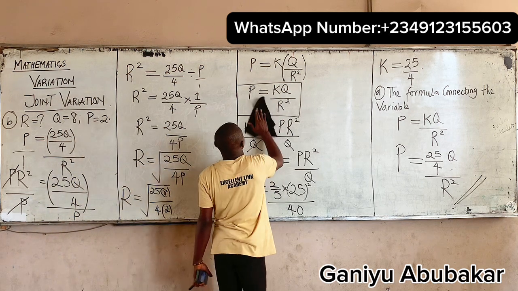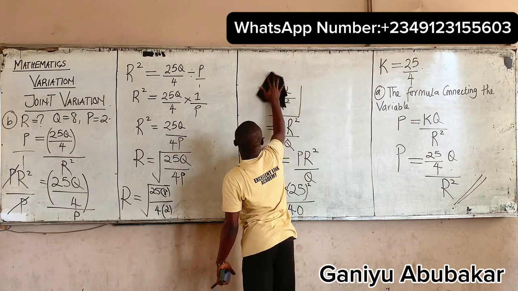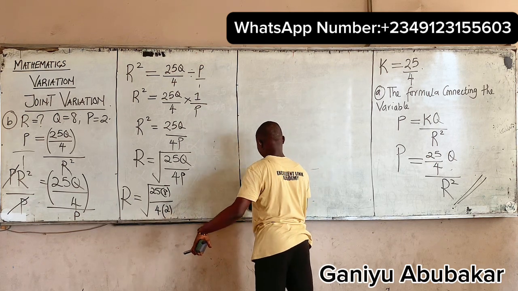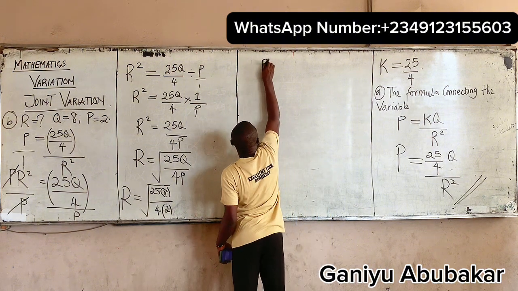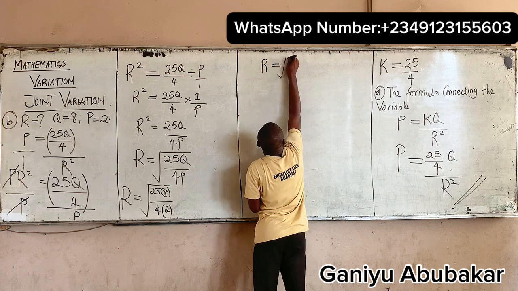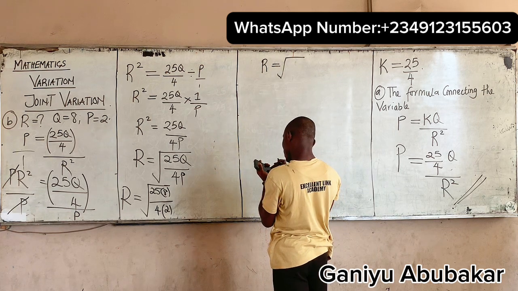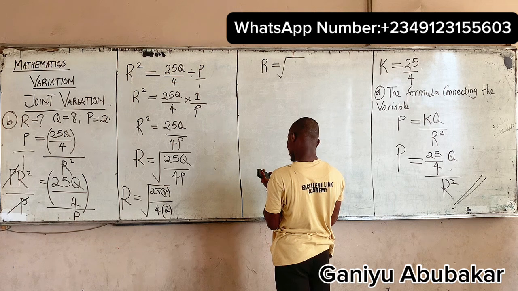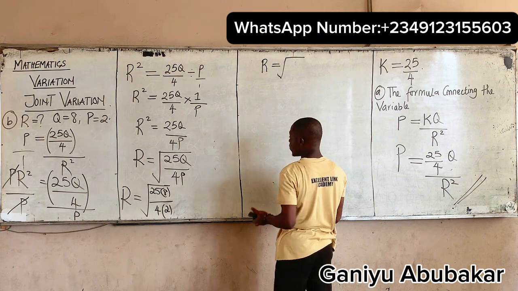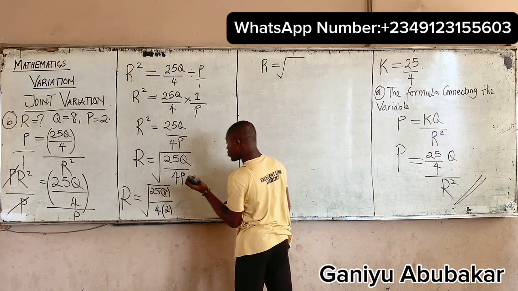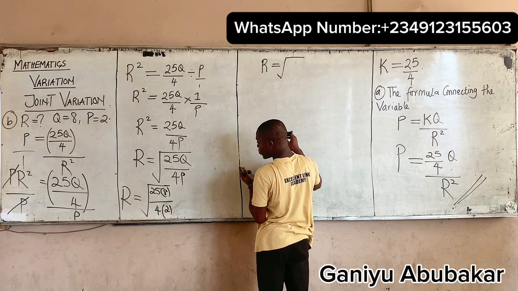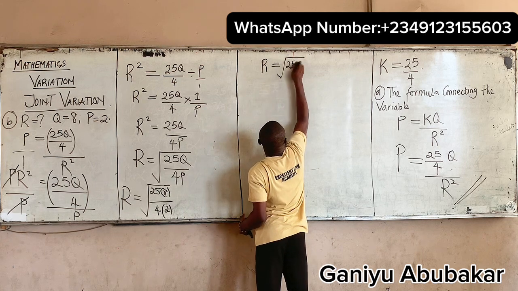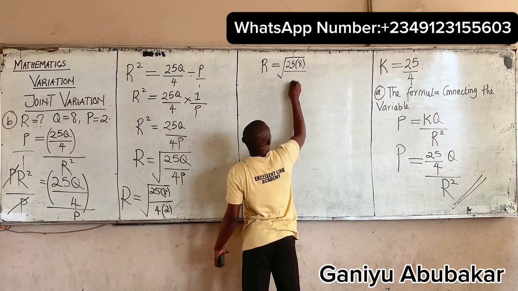Let's get the value of R. Observe, I can see 25 times 8 over 2 times 4, which is 8.